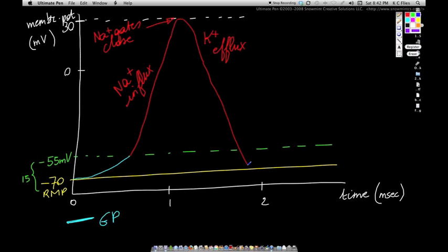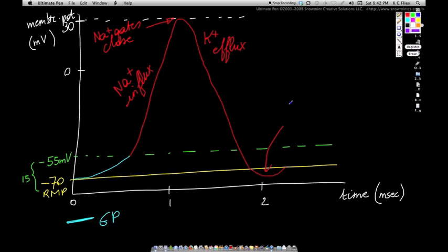Interestingly enough though, the potassium gates are very sluggish, and so they take a while to close, and for a very brief moment a little bit too much potassium tends to sneak out of the cell, and we call this point the undershoot.